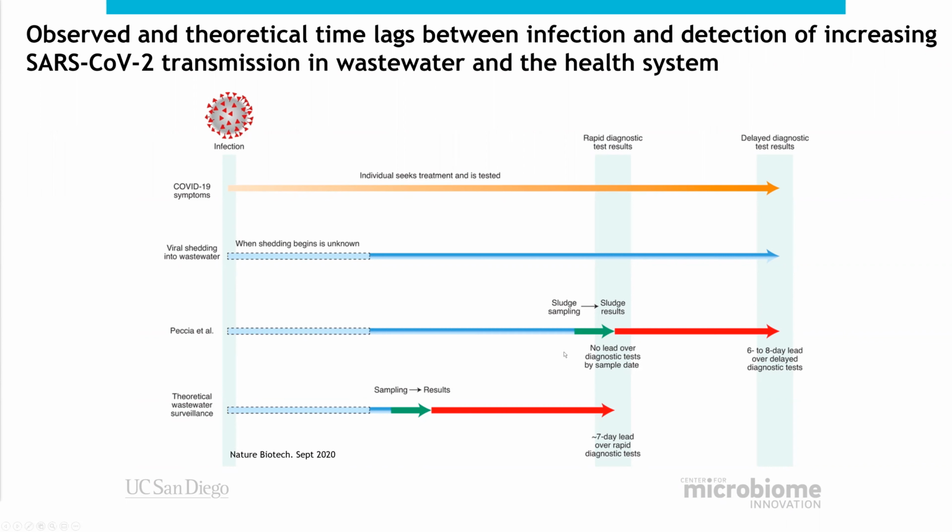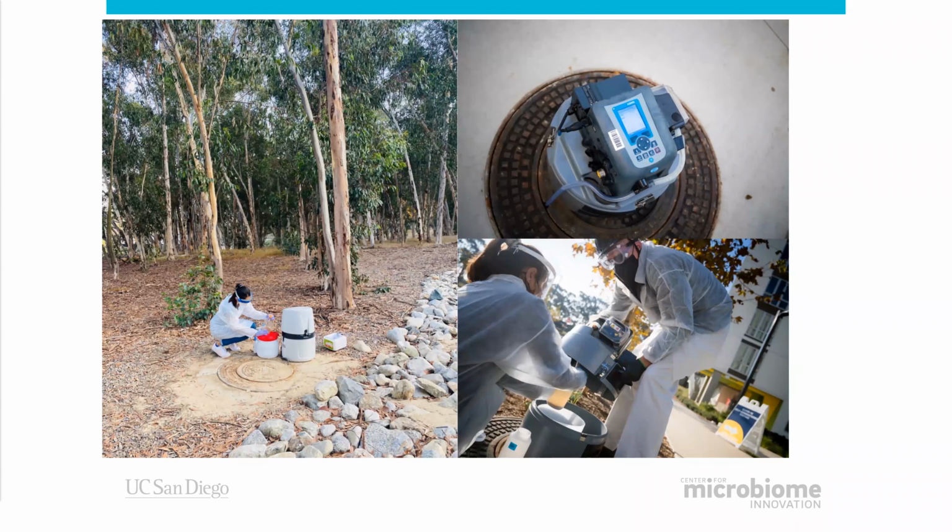So instead of having a lead time of several weeks to understand whether someone's sick, if we started to surveil the waste streams and wastewater on campus, we felt that we could reduce that time to detection to several days. So that's what we did. We put in place 110 different wastewater samplers.